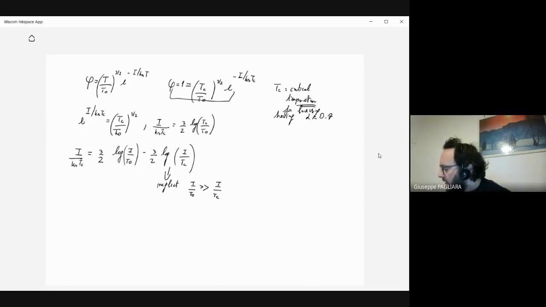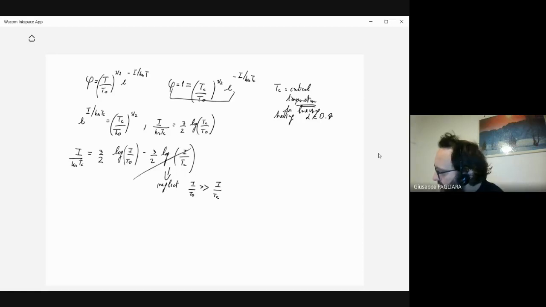Or if you want, I expect Tc to be larger than T0, because T0 is the smallest scale in this calculation, 10 degrees Kelvin. So if I neglect this term here, basically I can get a final result for Tc.